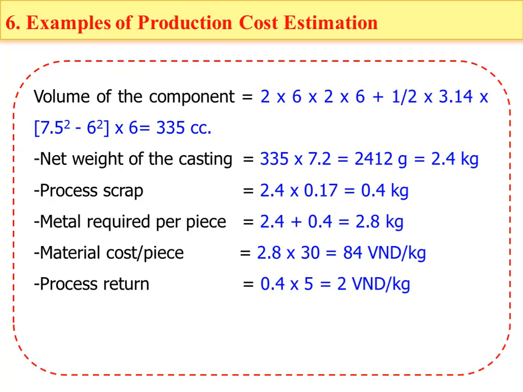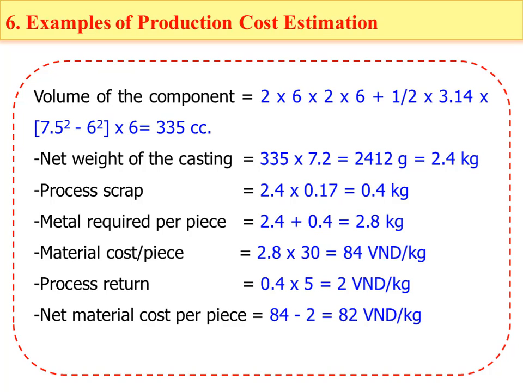And the process scrap return is calculated by the process scrap multiplied by the process scrap return value. And finally, the net material cost per piece is calculated by the material cost per piece minus the process scrap return.